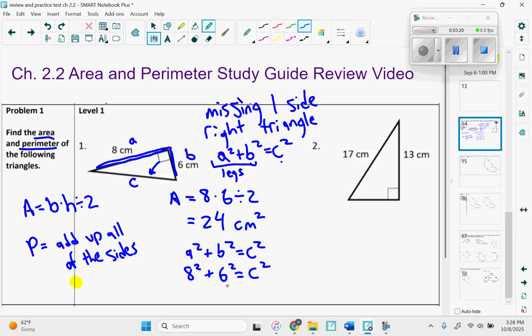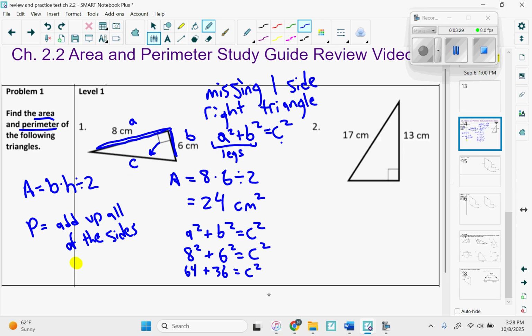8 squared plus 6 squared, so we get 64. 6 squared is 36. Add those together, we get this. And then at this point, if we want to get just C, we need to take the square root on both sides. So a square root and a square undo each other.